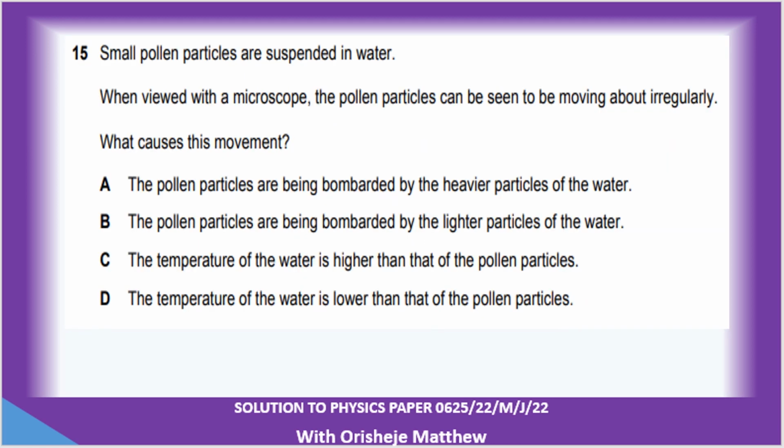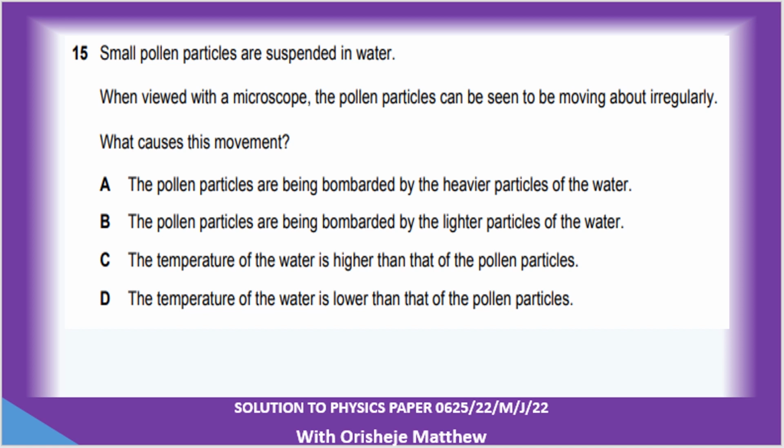Let's look at question 15. Small pollen particles are suspended in water, that is Brownian motion. When viewed in a microscope, the pollen particle can be seen to be moving about irregularly. What causes this movement? The water molecules are bombarding the pollen grain.